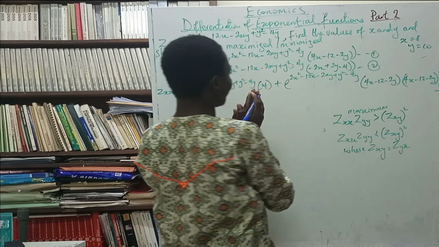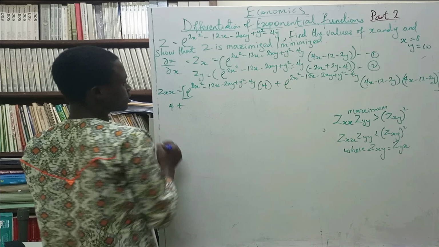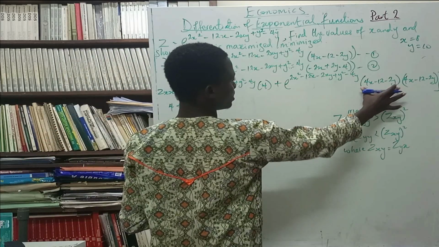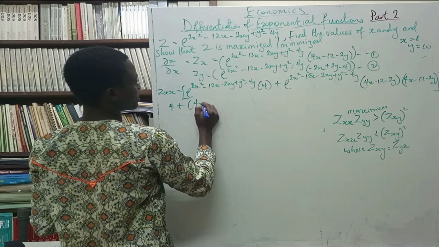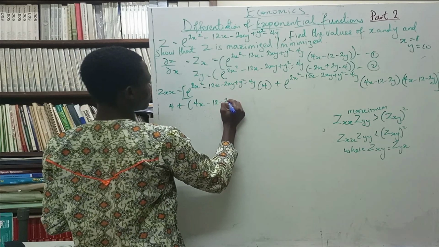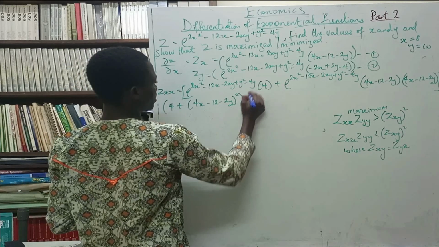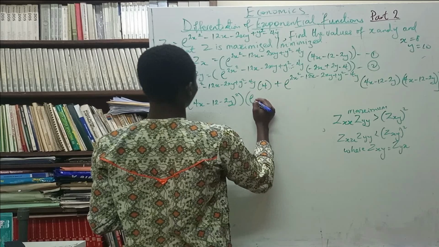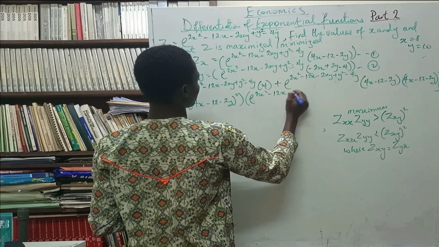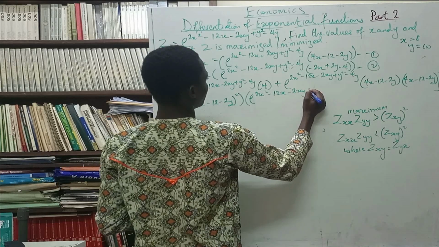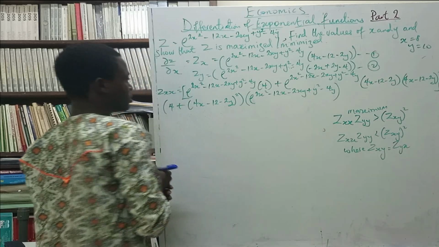So we have a 4, so it's going to be 4 plus this, which is the same as that one, so that's a square. 4 plus 4x minus 12 minus 2y squared. All of this into bracket e raised to power 2x squared minus 12x minus 2xy plus y squared minus 4y. So I think we've been able to simplify the whole thing.